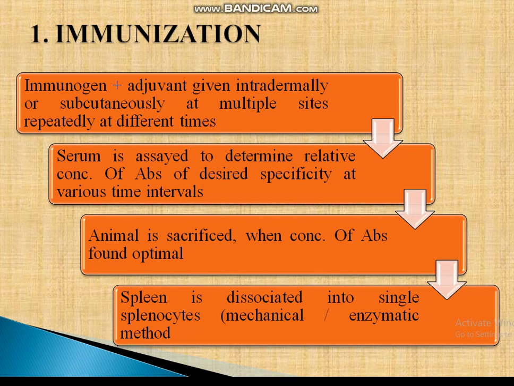Once we are injecting, we have to assay the serum to determine the relative concentration of antibodies of desired specificity at various time intervals. After that, once we get the optimal concentration of antibodies, we sacrifice the animals and the spleen is disassociated into single splenocytes by different methods, either mechanical or enzymatic.